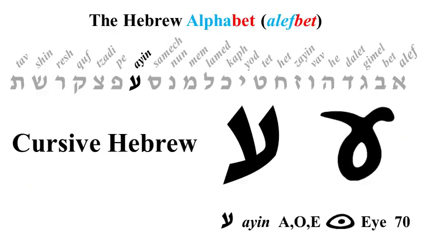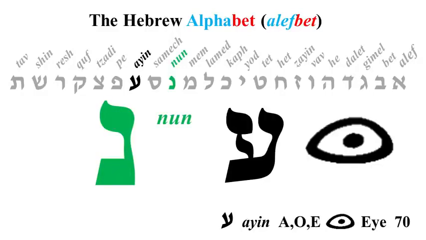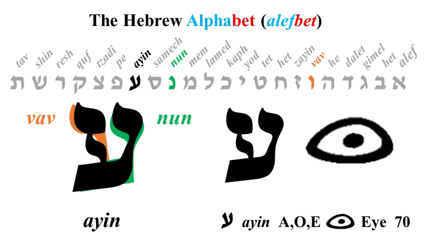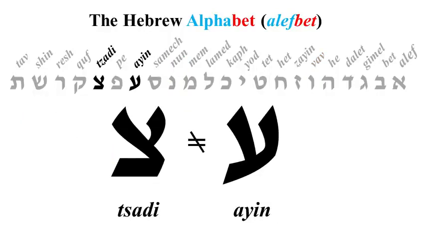And to form an ayin, you start with the letter nun. And then you elongate it. And you add a vav, and there you have an ayin. Very nice. Notice the ayin is not the letter tzadi.